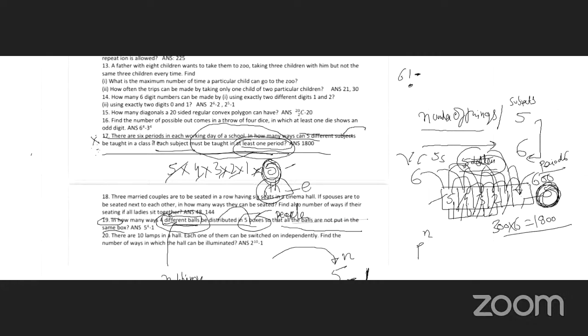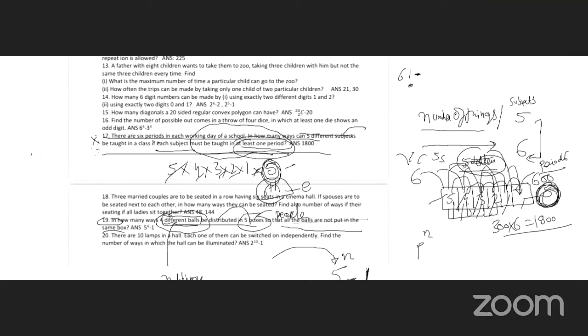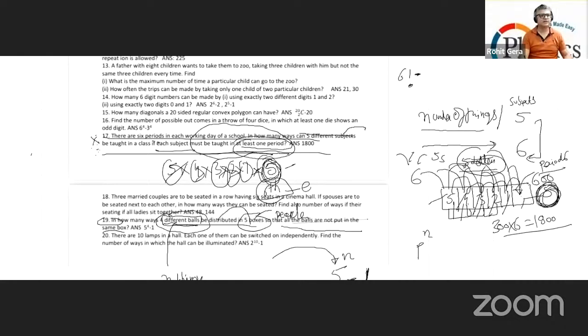But the number of options I have are how many? 6. I can do the same thing at sixth place, 6 times. I could have used first period also, na? I could have done 5 and 5 here also.